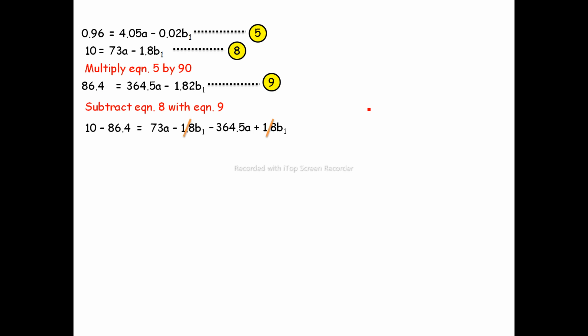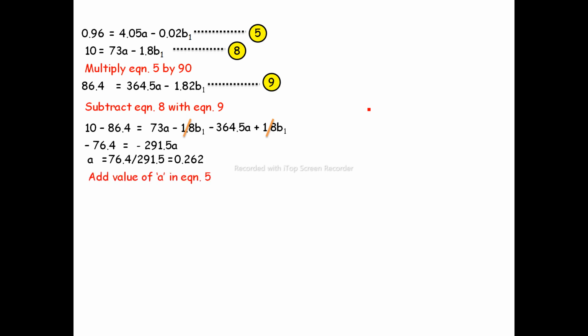Then go on solving. 10 minus 86.4 will be minus 76.4 equals 73a minus 364.5a, which will become minus 291.5a. So a equals, you can write it like this, and we get the value of a, that is 0.262. So hence we got the value of a.